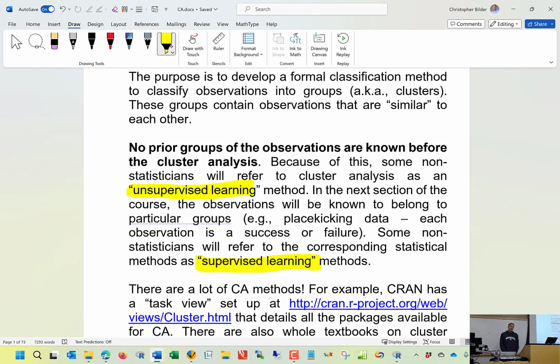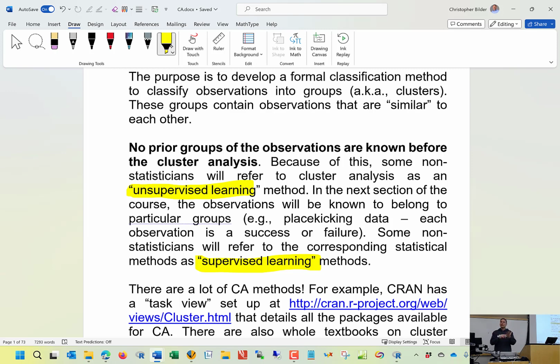Now, supervised learning, and this is essentially the topic of section 3 of this course. So mostly everything after cluster analysis. What that is, is I already have essentially a grouping of the observations, and I'm trying to predict that grouping. So you might remember my place kicking data set, where in football we have place kicks.